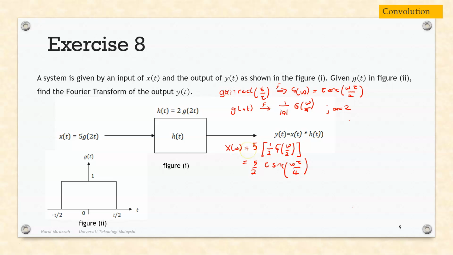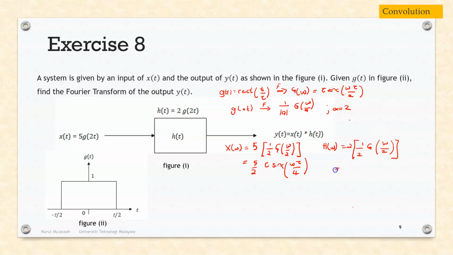Here this is x omega, and for h omega, it is based on ht equal to 2g2t. So for h omega, this one is 2 multiplied by 1 divided by 2, g omega divided by 2. So basically you use this g omega again.